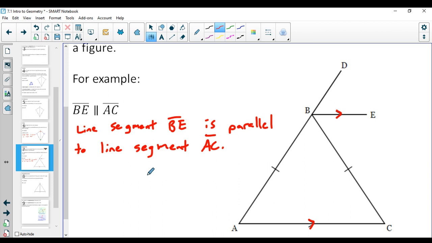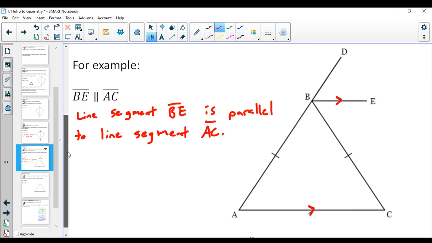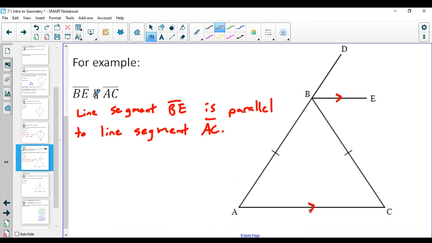And that's all you need to type on your Go Formative for ones like this.